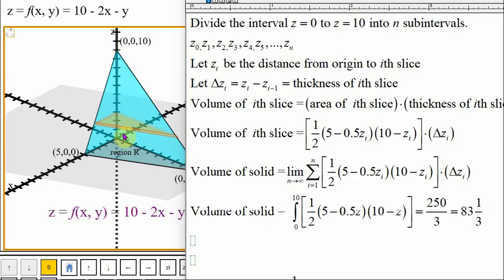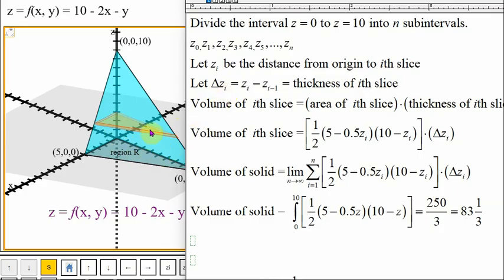And then let z sub i be the distance from the origin up to the ith slice, and let the thickness of the ith slice be delta z sub i.